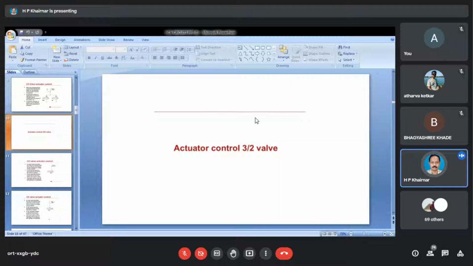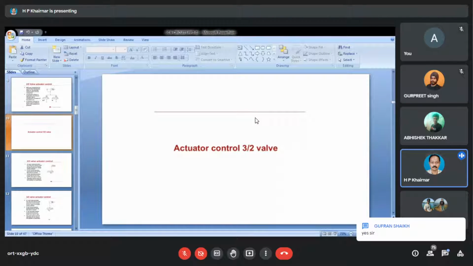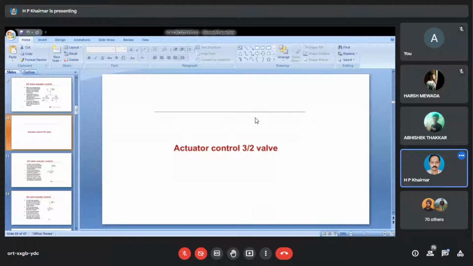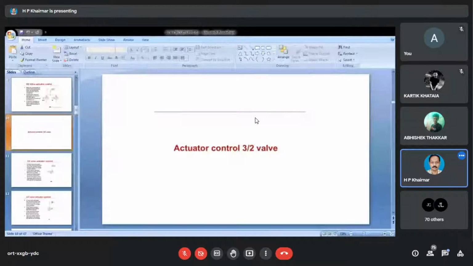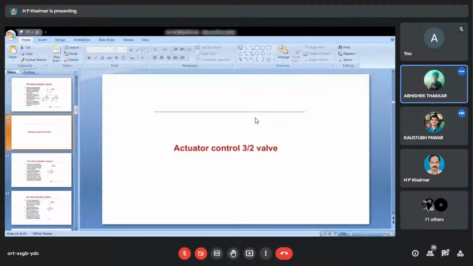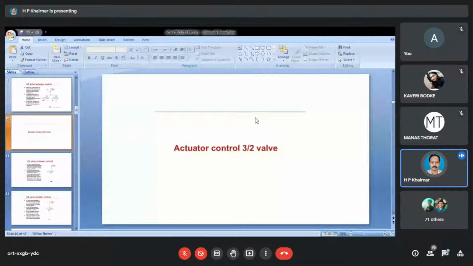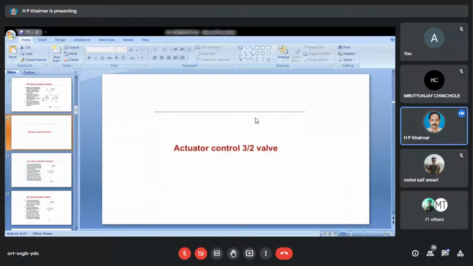Bhushan, Chaitanya, Gufran, Gurpreet, Gurprasad, Harsh, Harshada, Harshal, Hemant, Jay Lode, Jaivir Singh, Karthik, Jayant Devmore, Kaustubh, Kaveri, Manas, Maunil, Mohammad Saif, Mrityunjay, Mugda, Munish, Neha Korde. Neha, you joined from two devices.